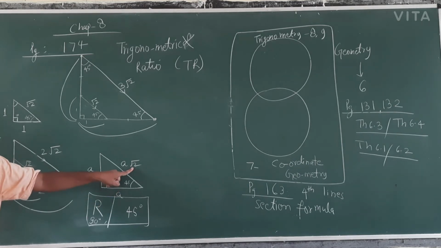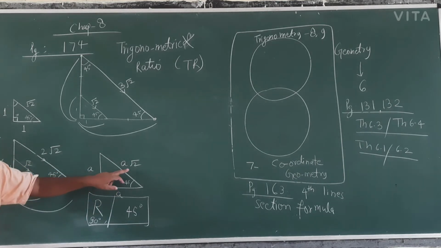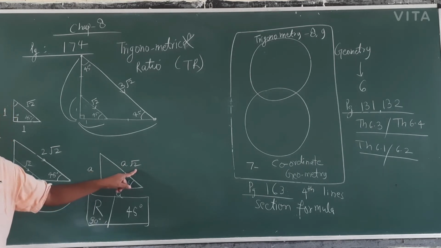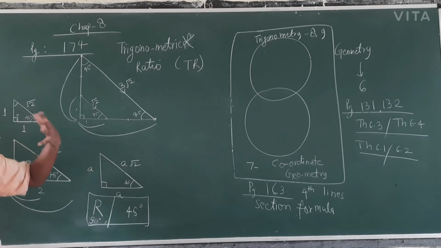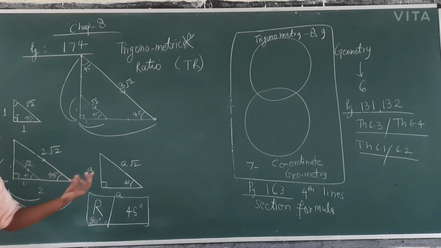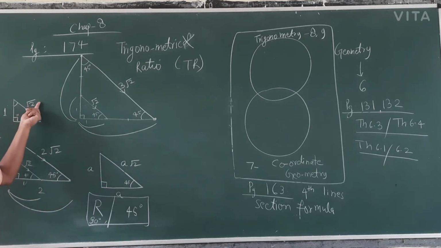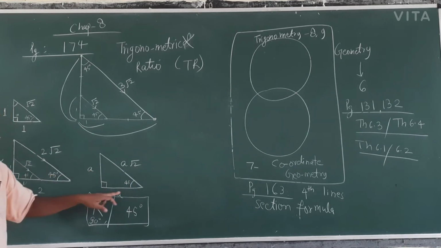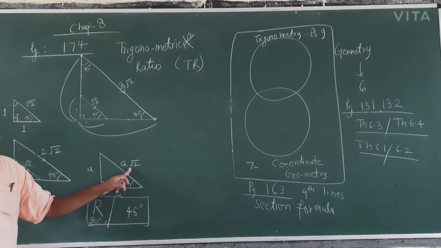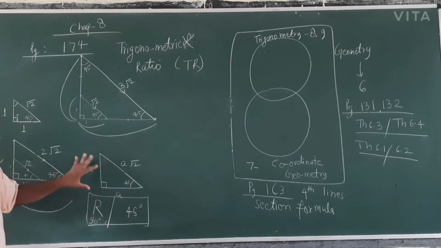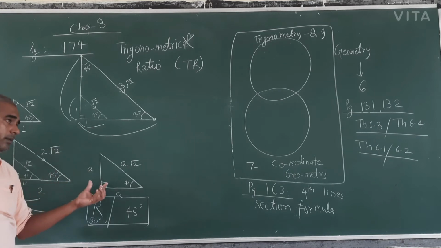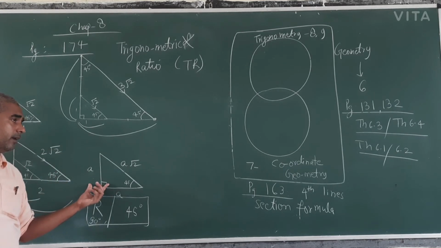And the third one, the hypotenuse, will be root 2 times of this, root 2 times means about one and a half times, actually 1.4, nearby 1.5. If this is 10, this is 10, so that will be 10 root 2. Means you have found a blueprint for this type of right angle triangle.